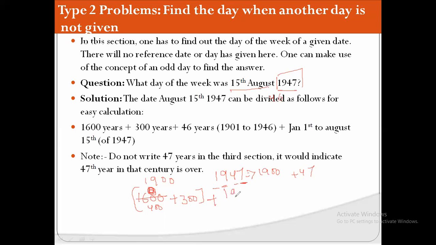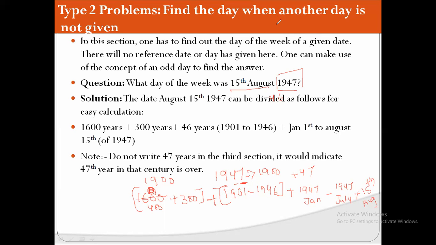So from 1901 to 1946, the number of odd days we will calculate, plus 1947 January month to July month, plus, because August month is not yet completed, plus 15 days of August.